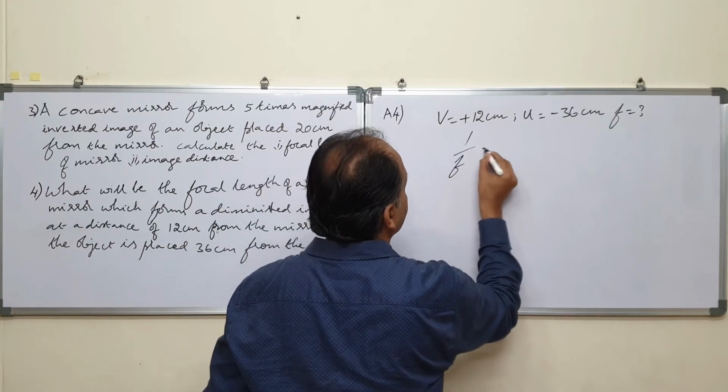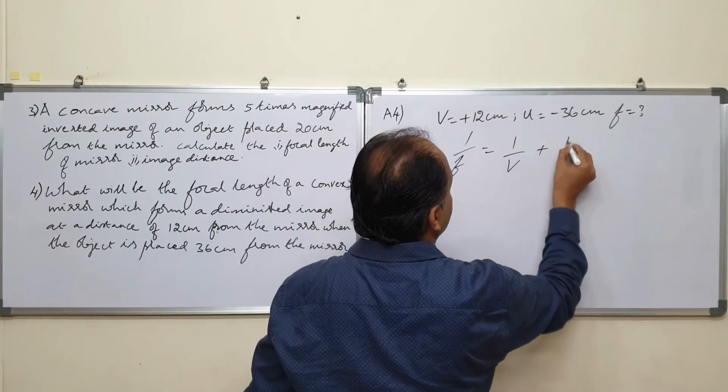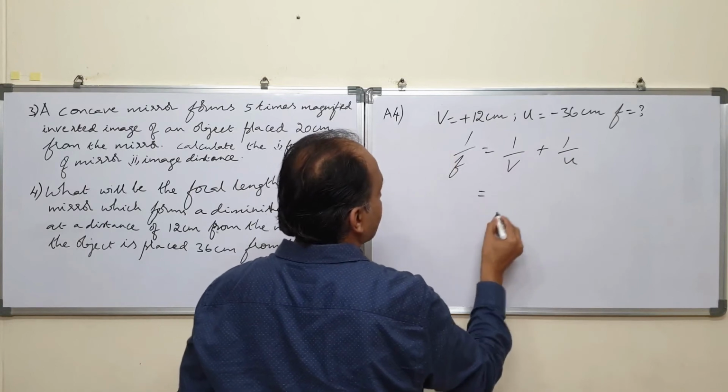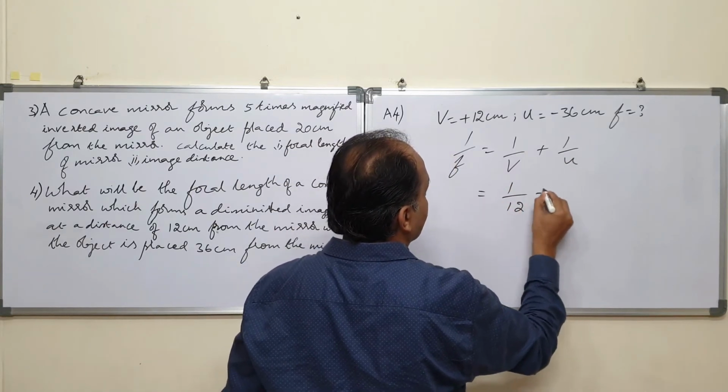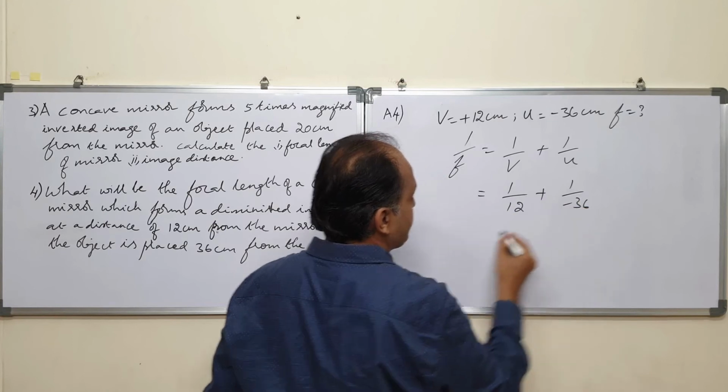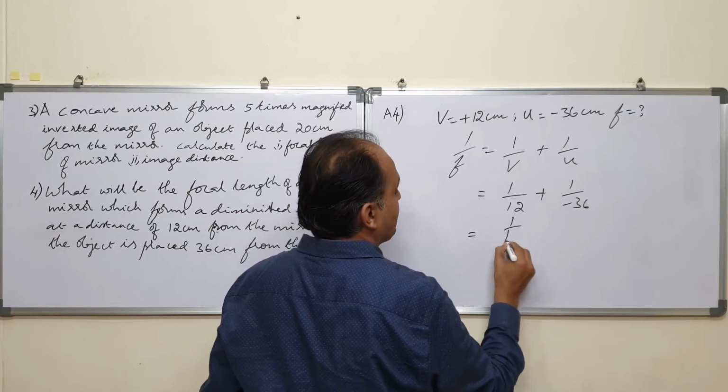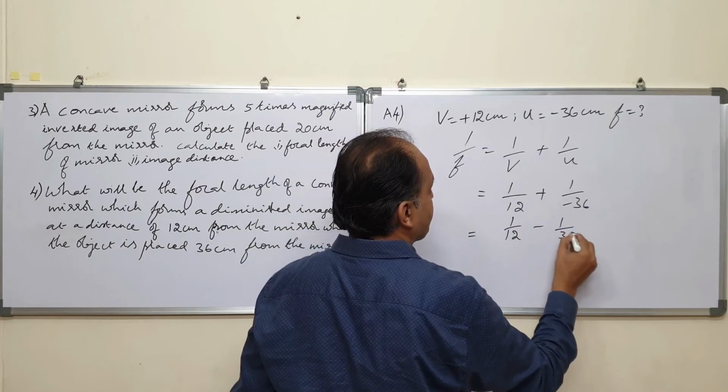1 by f is equal to 1 by v plus 1 by u, which is 1 by 12 plus 1 by minus 36. We can write it as 1 by 12 minus 1 by 36.